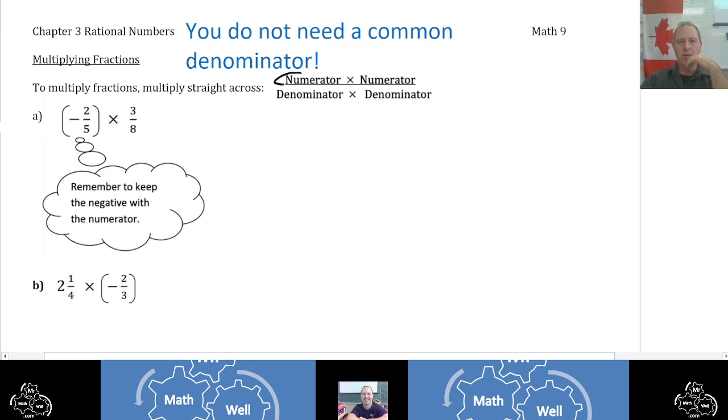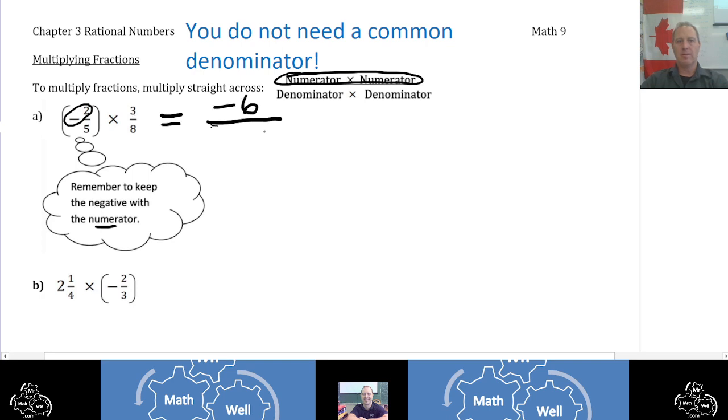But the nice thing about this is that with any two fractions or rationals like this that you multiply, you just simply multiply the numerator of one times the numerator of the other one, and you can write that as one number on the top, in the numerator position. So watch this. I'm going to treat this negative as a negative number. Keep it with the numerator, that's usually a really good idea. So negative 2 times positive 3 is going to be negative 6.